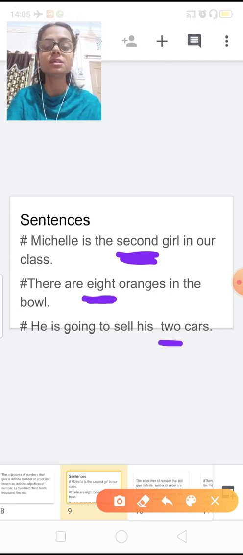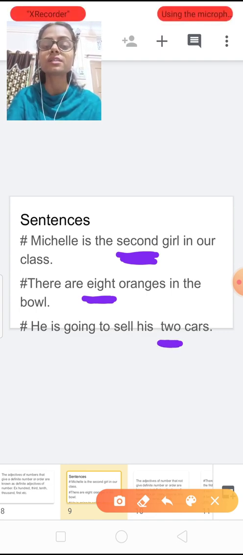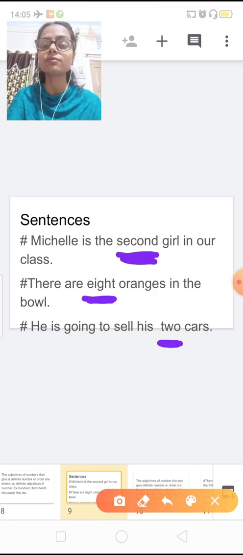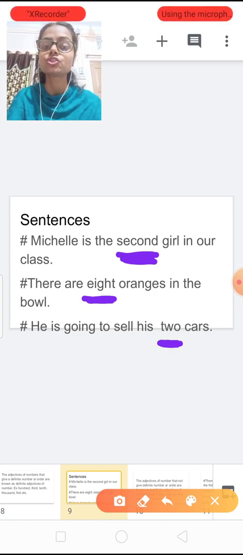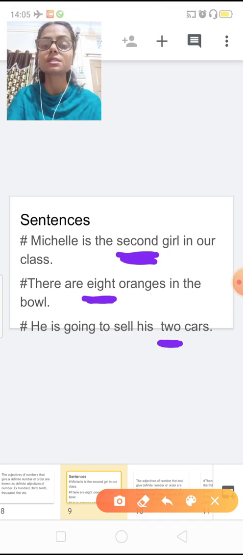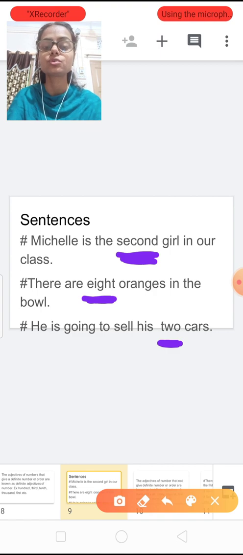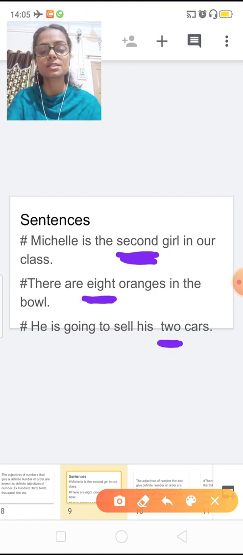Now you can see what is the adjective of number here? 2. So what are the examples of adjectives of number? Second, 8, 2. So these are the examples along with sentences.